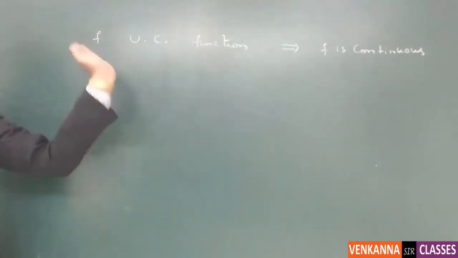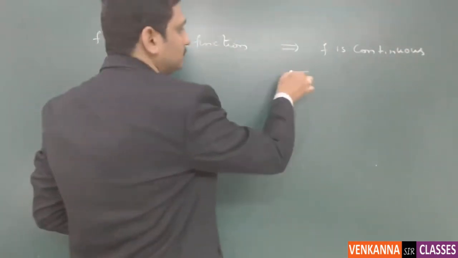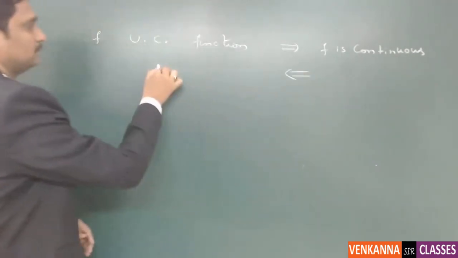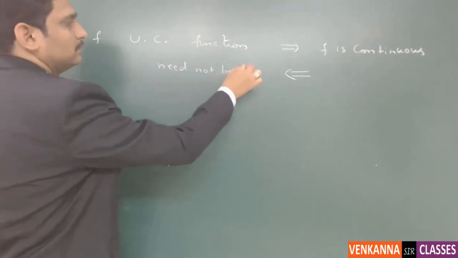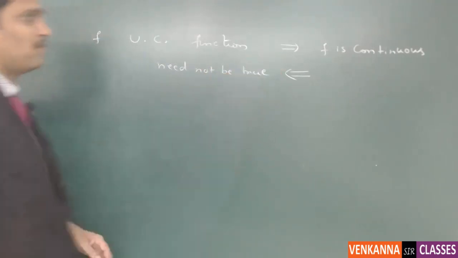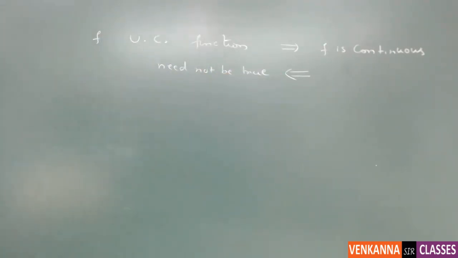But the opposite is not true. For this, we take some counterexamples. If f is a continuous function on a set, then f need not be uniformly continuous on that set. For this, we take some relevant examples.